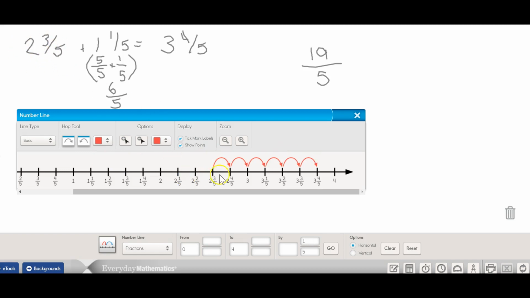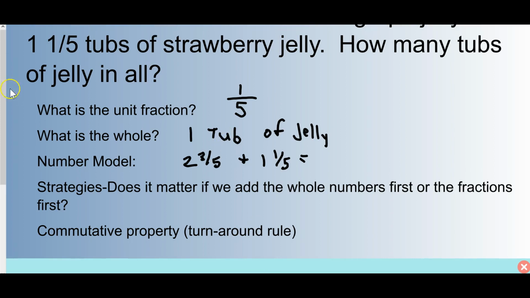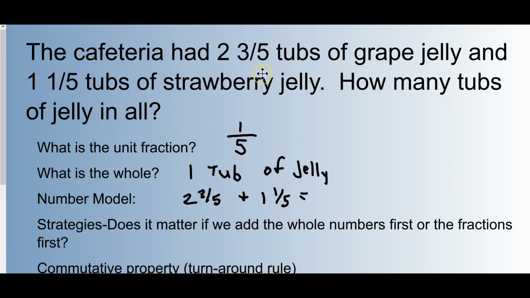I started at 2 3/5 on my number line. I decomposed 1 1/5 to find out how many fifths I needed to jump forward. 6/5, and I land on 3 4/5. So we have 3 4/5 tubs of jelly in all.